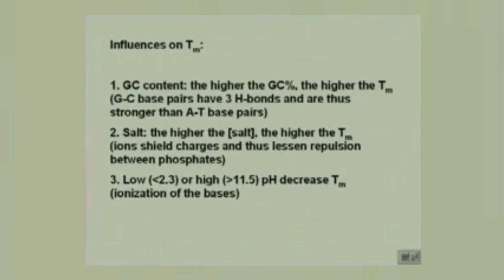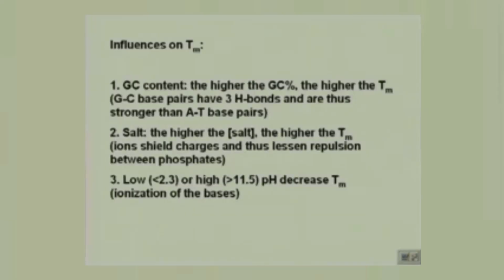When you have pH, what is going to happen when you have different pH? At low pH, what are you doing? You protonate the bases. As you protonate the bases, what is going to happen? You are disrupting the hydrogen bonding, right?